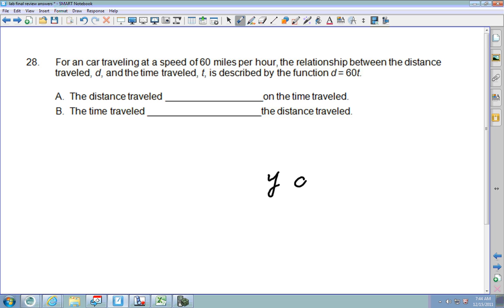Remember, y depends on x. Well, y is the same as the d, and x is the same as the t. So right here, I can put the distance traveled depends on the time traveled.